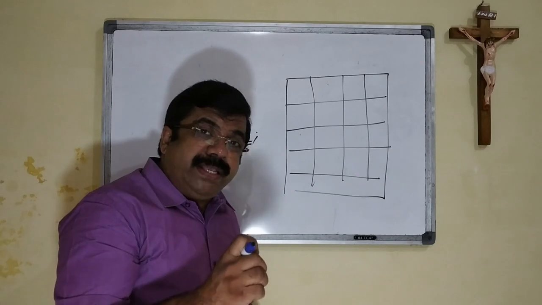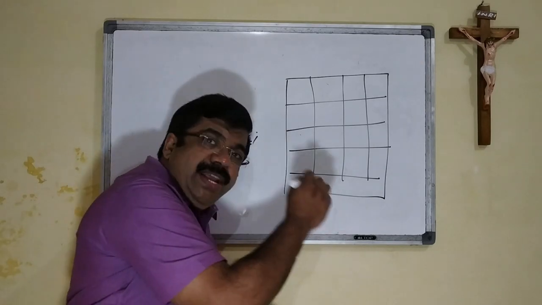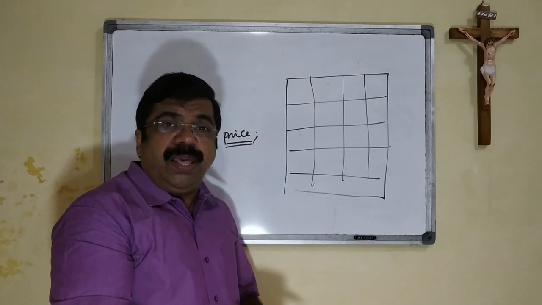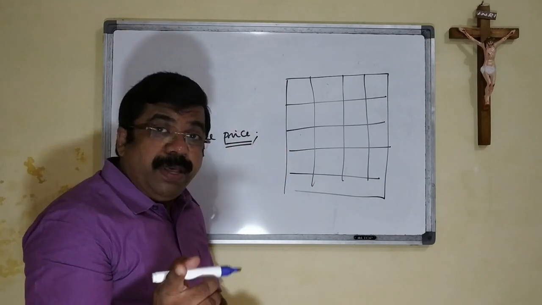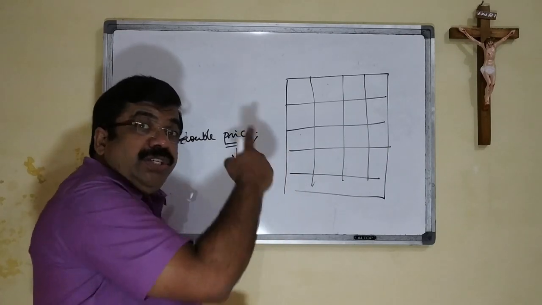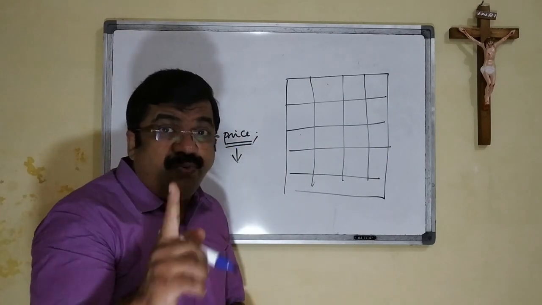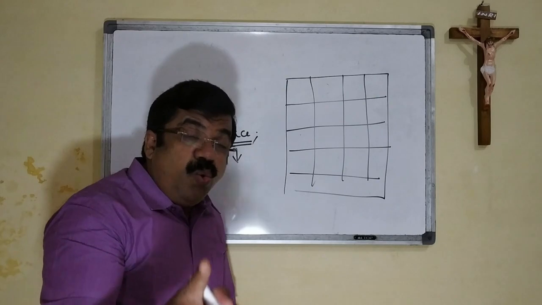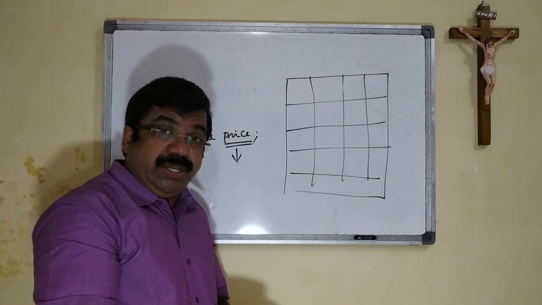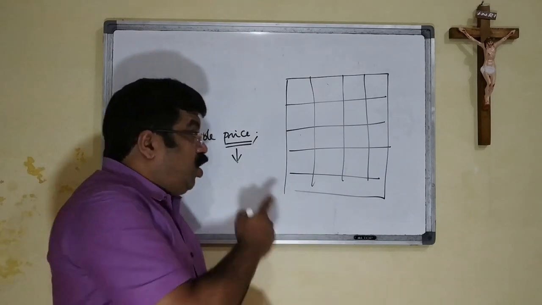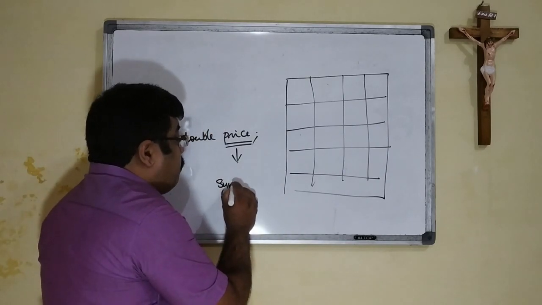Since human beings cannot identify the location in the memory, we are using a particular name. Variable names are used to represent the memory locations. We are using a symbolic name.